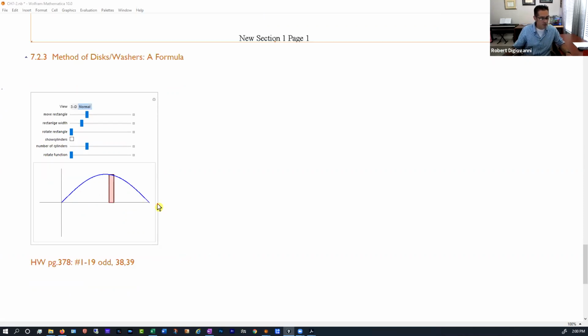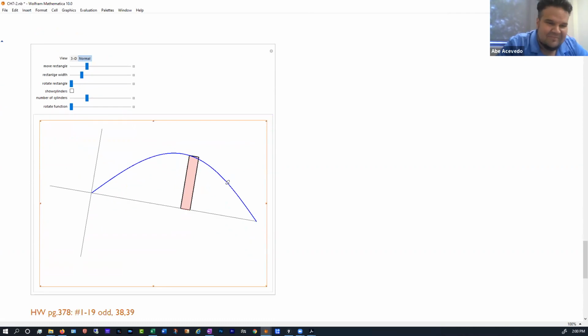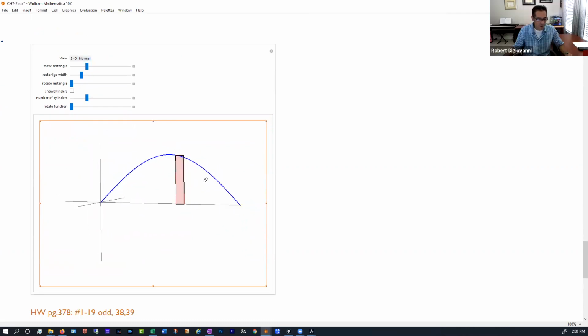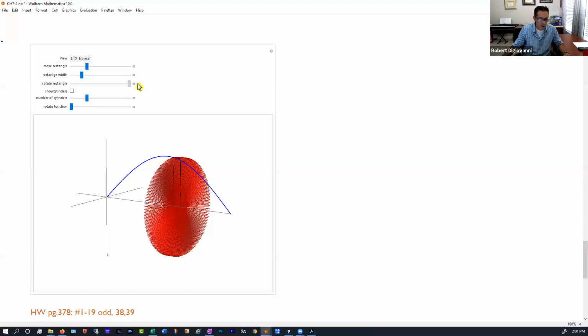Okay, so here's another animation. This might help. That was not a good example, but it worked. Now, this is again three-dimensional. Just imagine taking that rectangle, just a single rectangle, and wrapping it around the x-axis. Now there, we're not creating a washer, we're creating more of a disc because it doesn't have a hole in the center.